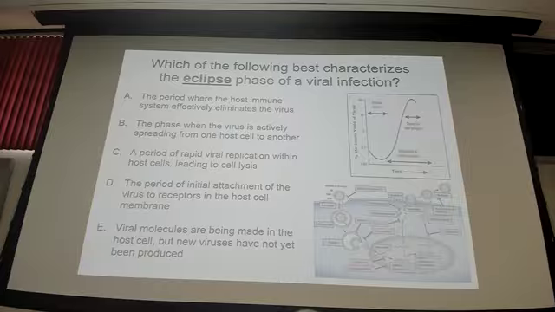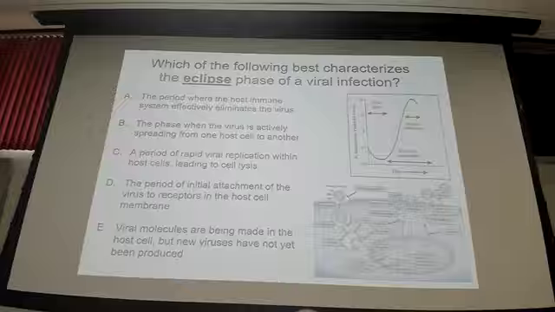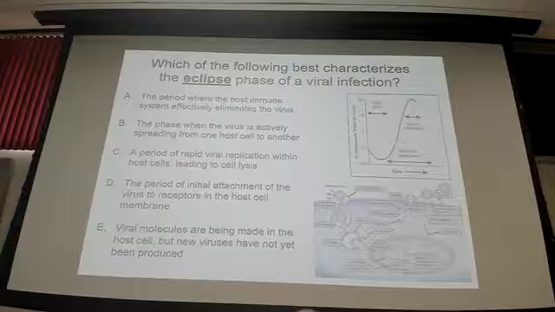So that's not accurate. What about a period of rapid viral replication within host cells leading to cell lysis? What do you think about that statement? Do all viral infections result in lysis of the host cell?